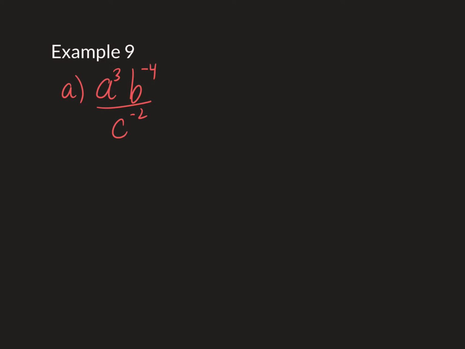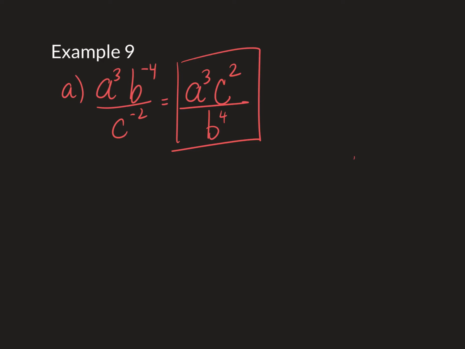I can't simplify anything, but I need to move this base to the denominator and make this a positive 4, and move this base to the numerator and make this a positive 2. And that's all you do. There's really no work you can show. So a to the 3rd remains, c to the 2nd power is in the numerator with a to the 3rd, and b to the 4th power is in the denominator. And there's my answer to that one.